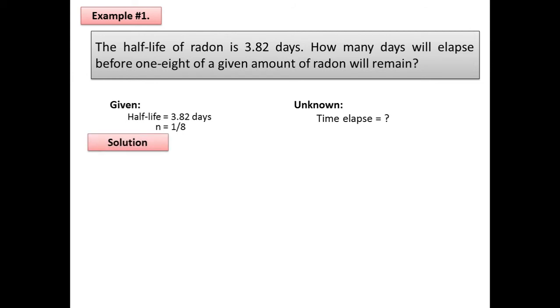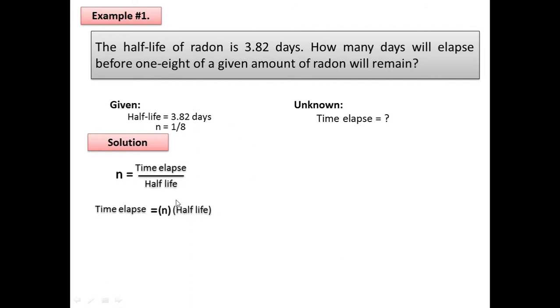So using the formula solution, n is equals to time elapsed divided by half-life. So ang hinahanap natin dito is yung time elapsed. So to solve this one, you just simply cross multiply this one, itong time elapsed pupunta dito, and then yung n pupunta dyan. So time elapsed is equals to n times half-life. Now, yung n dito, the exact amount of radon is given, 1/8, and then yung half-life is also given.